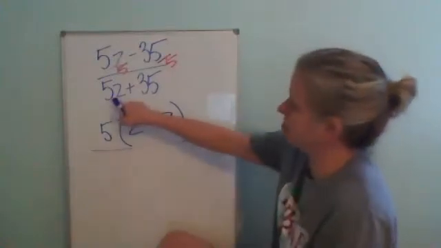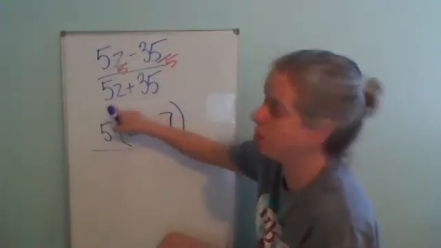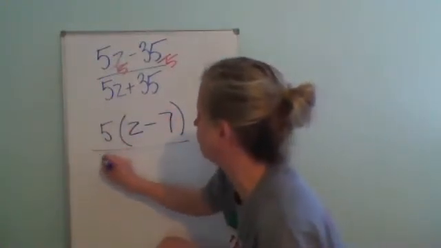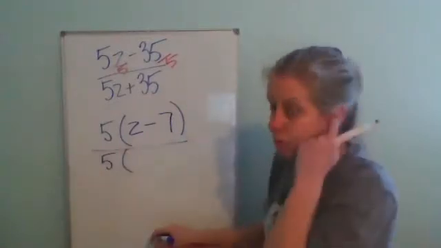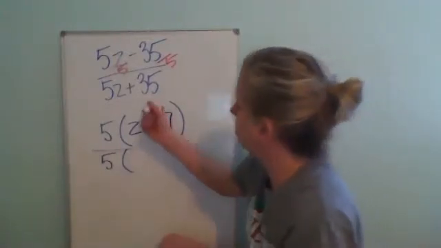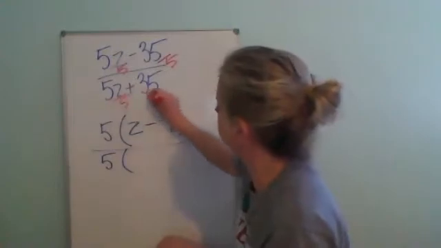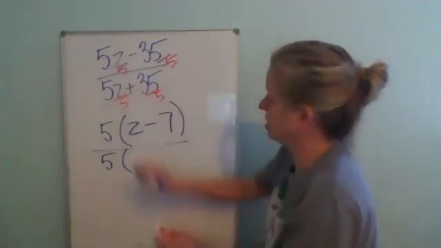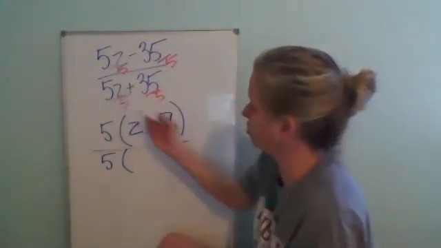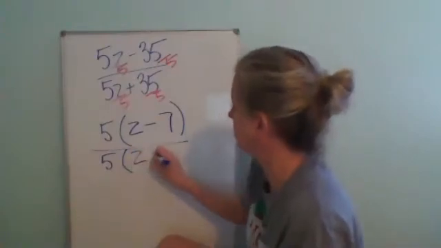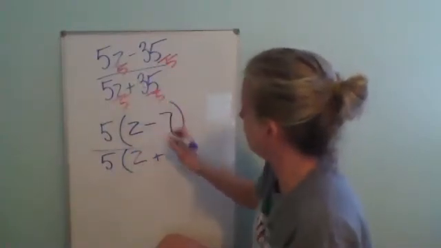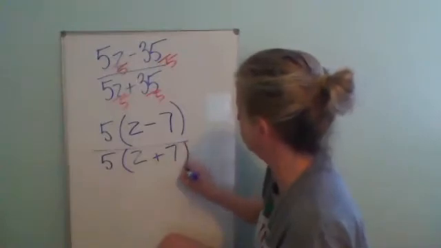Now do the same thing in the bottom. Again, 5 will go into both of those, so pull out a 5. Once I pull out the 5 from both of these in the bottom, let's see what's left. Here, these 5s cancel, so I'm just left with that z plus 35 over 5 gives me 7.